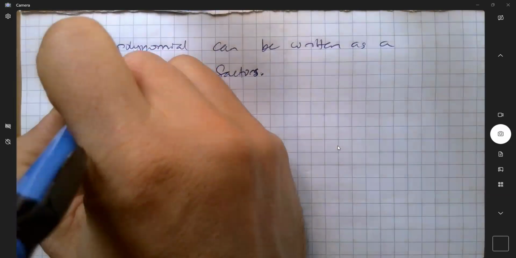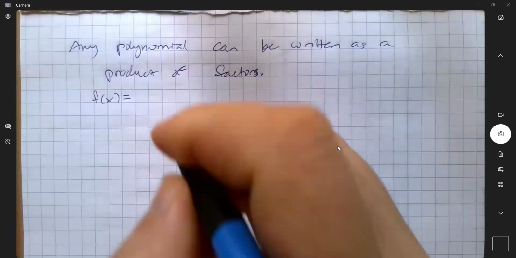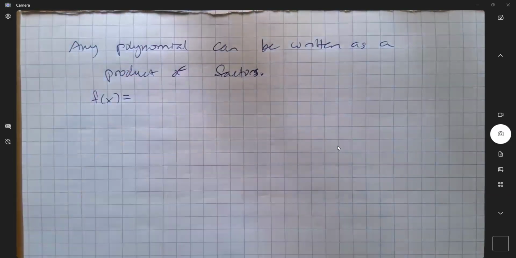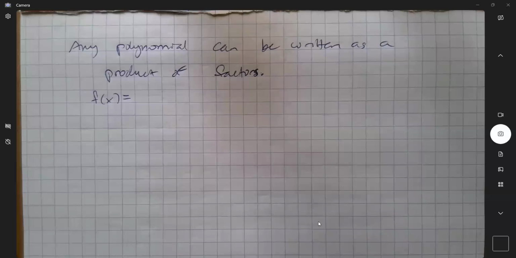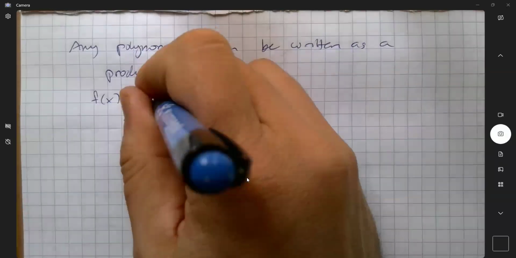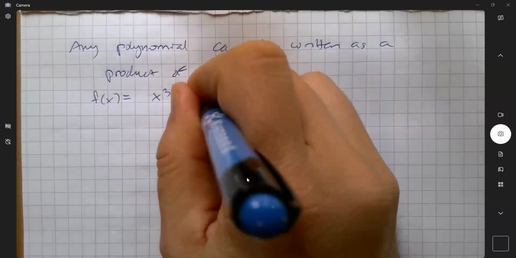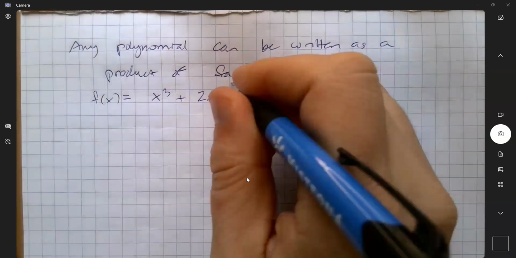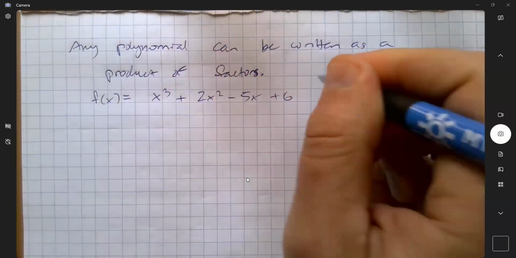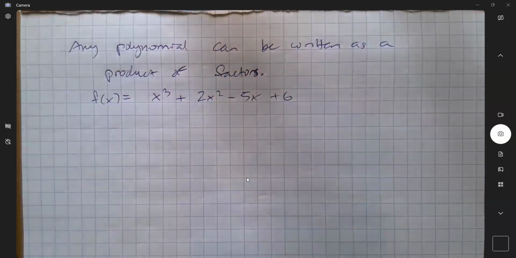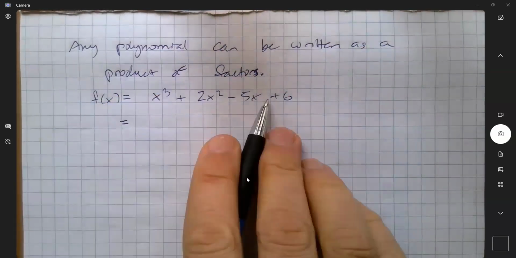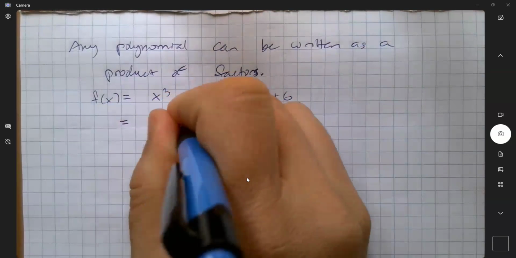So for example, I could write a polynomial. Let's see, let me come up with one. The polynomial x cubed plus 2x squared minus 5x plus 6. I could write this if I knew the x-intercepts, which I do because I built it.